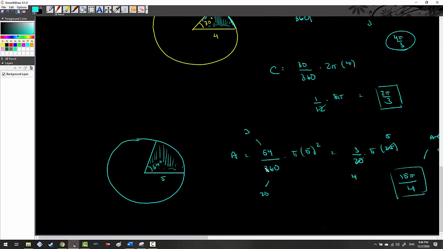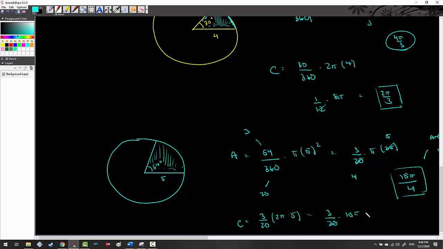So, here comes circumference. So C equals, because I already know 54 over 360 simplifies, I can just call it preemptively 3 over 20 times 2 pi r, which is times 5. So now from here, I will call this 3 over 20 times 10 pi.